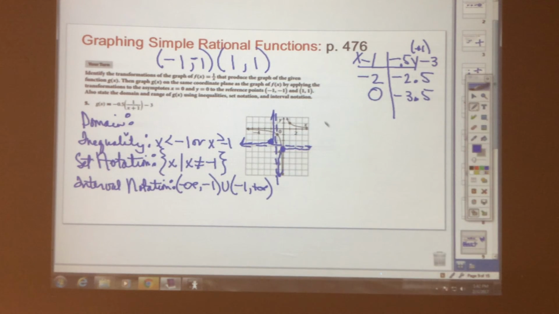Range. Inequality first. How would I write it? Y is less than -3, or y is greater than -3.